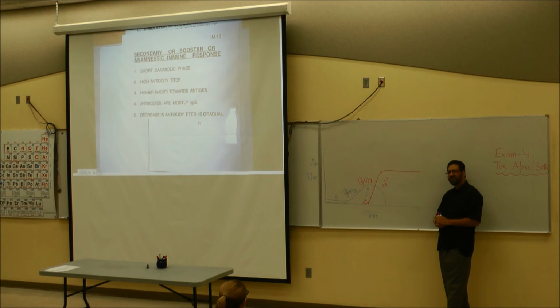IG stands for immunoglobulin. E is for hypersensitivity. IgA is in secretions, M and G are in the blood for infection. M is primary, G is secondary and longer. What do they stand for?